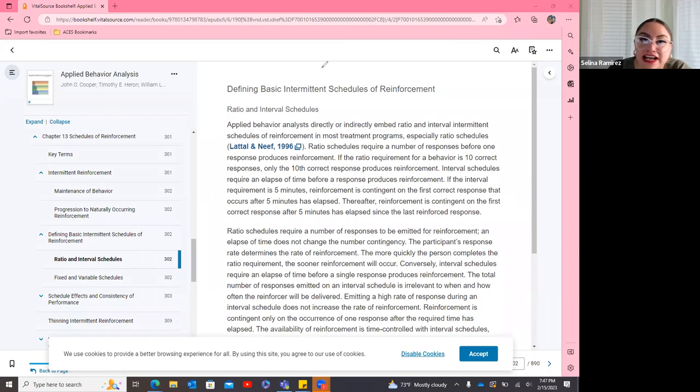Okay, so let's say I have Eileen on an intermittent schedule, AKA variable. So I have Eileen on a varied interval of 2, which means she's on a varied interval schedule of 2 minutes.